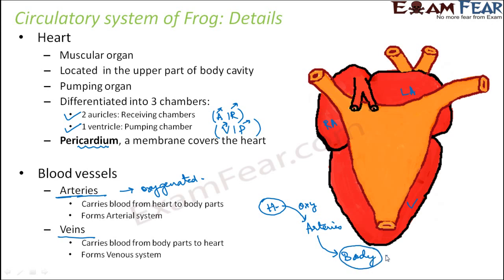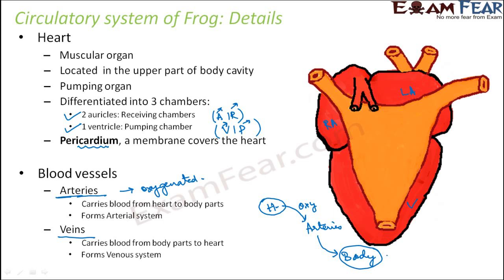Now inside each of the body parts, maybe inside our hand, our finger, our mouth, everywhere, all the process of cellular respiration or everything will take place. But after that, some waste materials will be produced. At the end of every process, some waste materials will be produced. So where will that waste material go? That waste material will also be mixed with the blood.